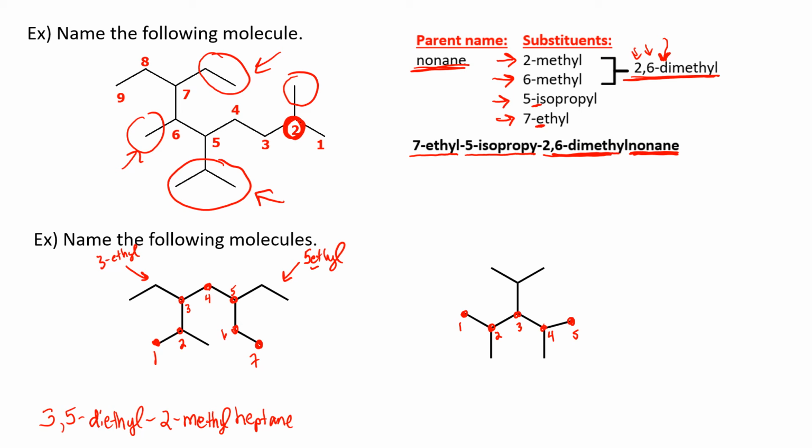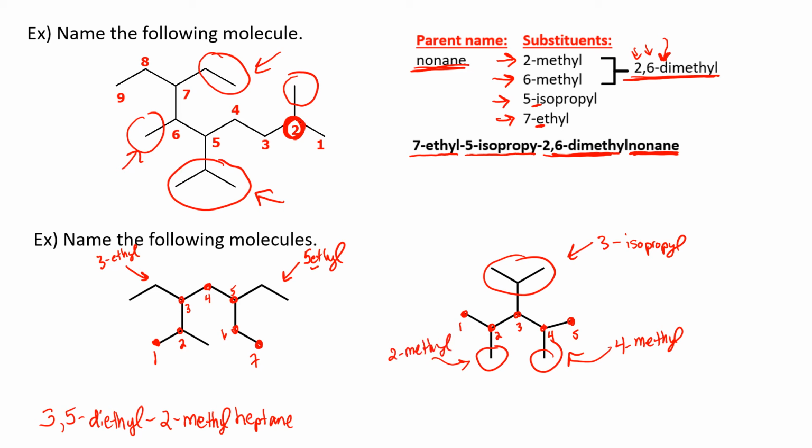And now I've got some substituents here. I've got a methyl, and an isopropyl. So that's a 3-isopropyl, a 4-methyl, and a 2-methyl.